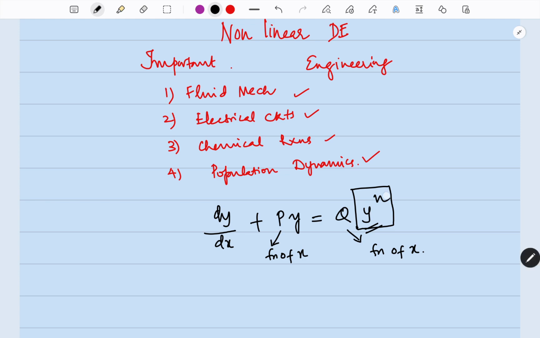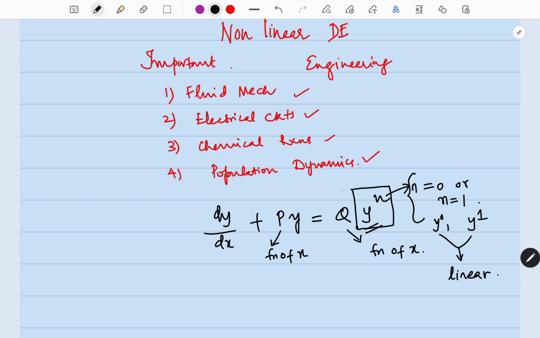And keep in your mind, n is not equal to 0 and n is not equal to 1. If n is equal to 0, this is y power 0. If you put n is equal to 1, it becomes y power 1. Can you understand? Y power 0 and y power 1, we call it a linear differential equation.